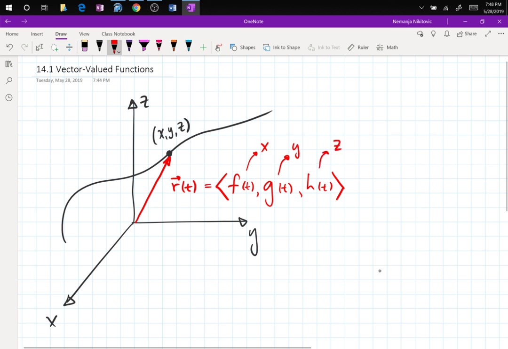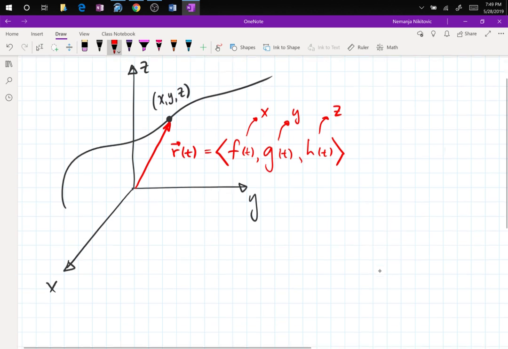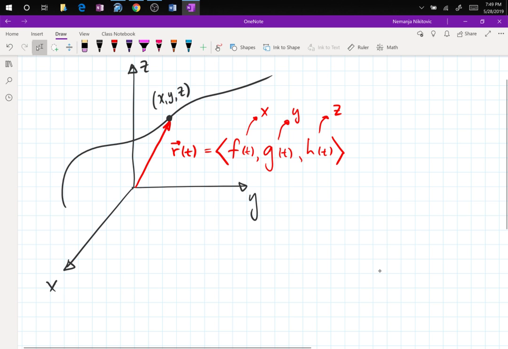Now, in literature, they use either f, g, and h, or they use x of t, y of t, and z of t. And that, if you remember, was your what? Parametric set, right? Yes. So this vector R is nothing but the vector of parametric equations. We call that vector valued function.